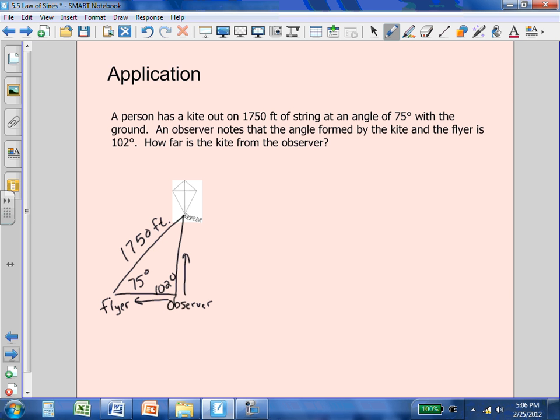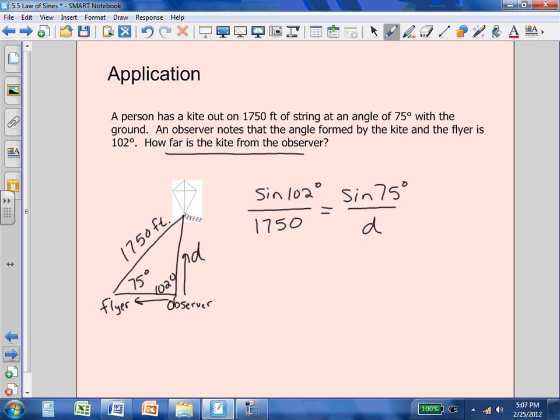Well, you can see we have an obtuse triangle. We're using the law of sines. We need to find out how far the kite is from the observer. That would be this side over here. So we're going to do the sine of 102 degrees over 1750 equals the sine of 75 degrees over d.